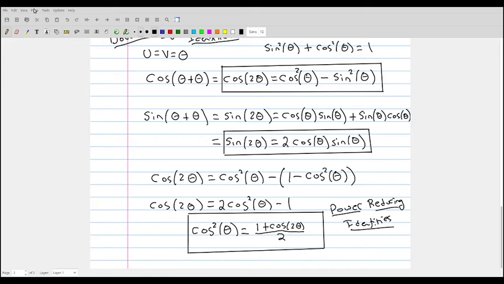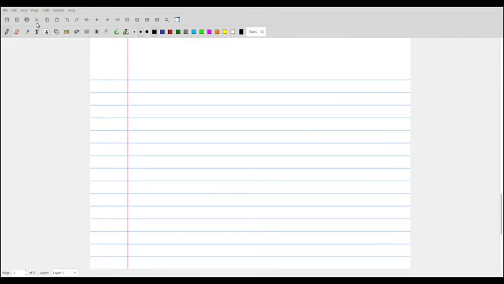We can get one for sine as well if you use the same procedure here. We showed that the double angle identity for cosine is that cosine of 2 theta is equal to cosine squared minus sine squared, and cosine squared is the same thing as 1 minus sine squared.